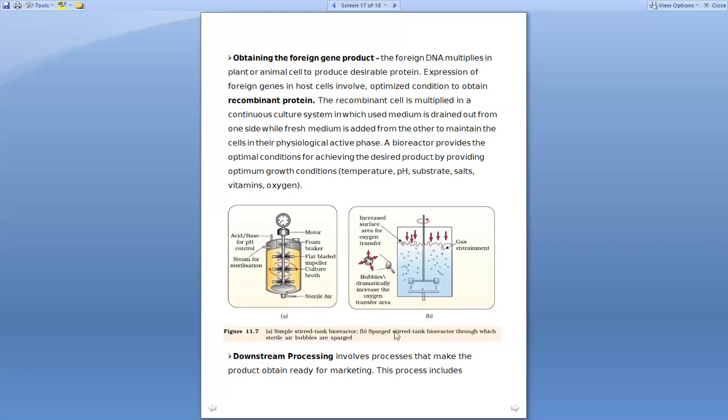There can be a batch production or a continuous production. They are using a continuous culture system in which the used medium is drained out from one part and fresh medium is added from another part, right?